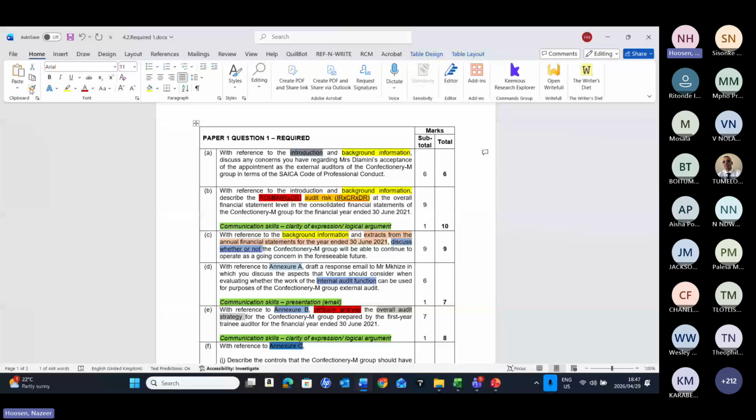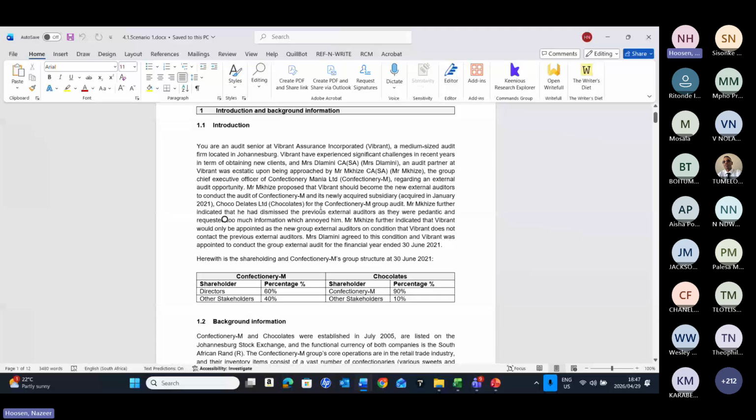You are an audit senior at Vibrant Assurance Incorporated, Vibrant, a medium-sized audit firm. So medium-sized audit firm, we know always what's the size of the audit firm.